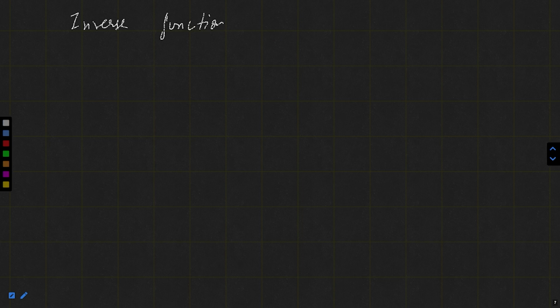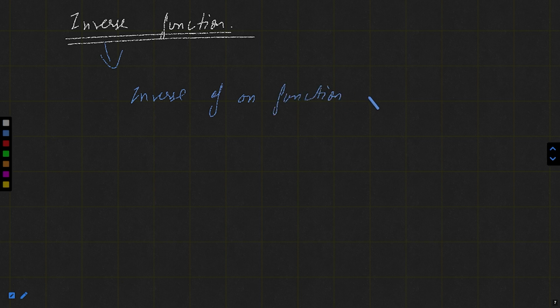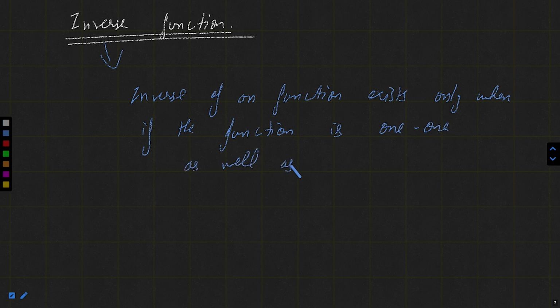Can you recall something about inverse functions? The inverse of a function exists only when the function we are talking about is 1-1 as well as onto. So my function must be 1-1 and onto.